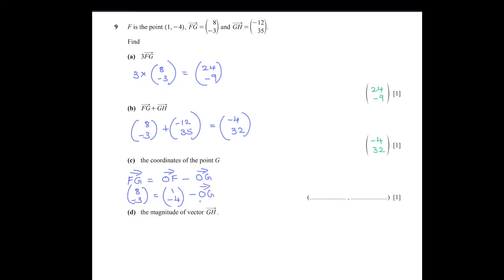Now to get OG, we bring this to the left hand side, so it will be negative.